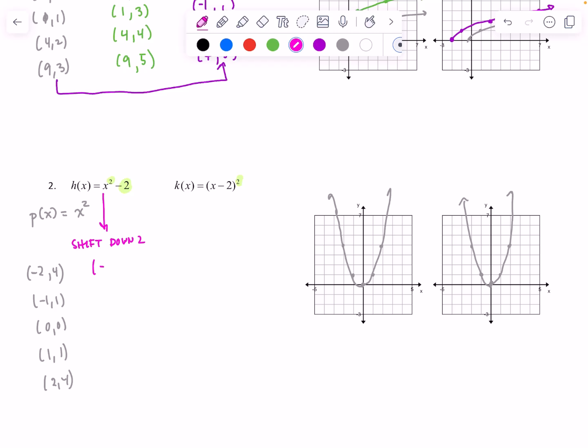Our y-coordinates get 2 subtracted from them. So we're going to do 4 minus 2, and then 1 minus 2, and then 0 minus 2, and then 1 minus 2, and then 4 minus 2. And so when we graph those points, we'll see that this thing has, in fact, shifted down by 2 units, and we get a new parabola that looks like this.